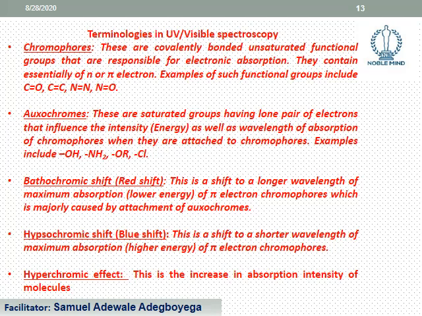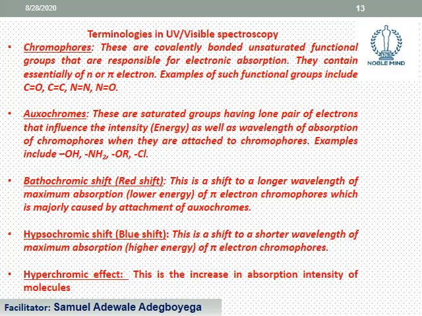We also have another terminology which is auxochrome. This one does not have absorption of its own. What they do is that if they are attached to a chromophore, they tend to influence the intensity or the wavelength of absorption of the chromophore. So we have examples of this.